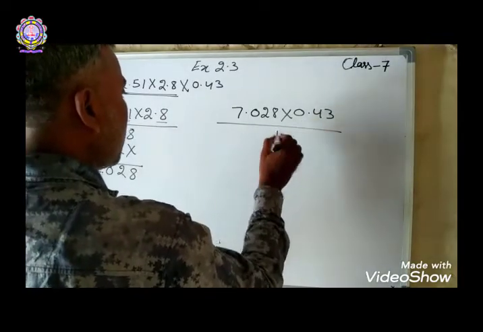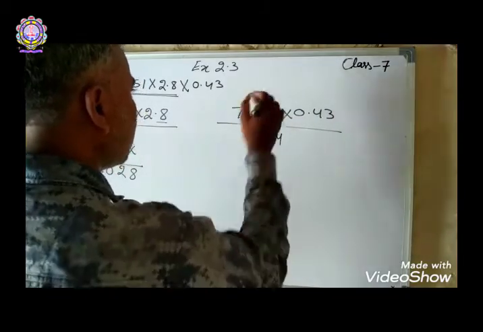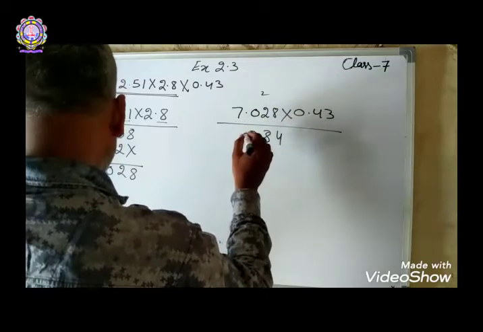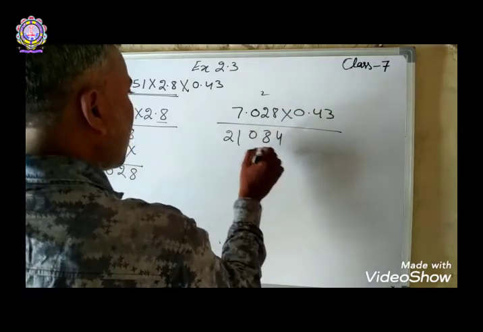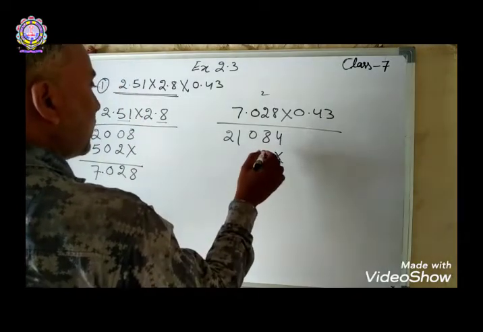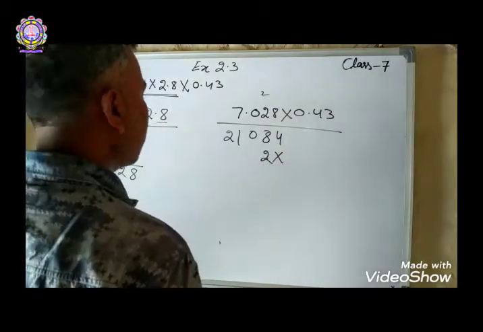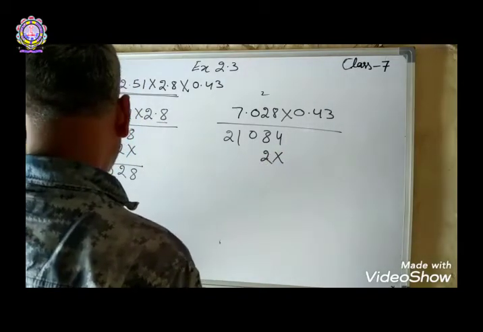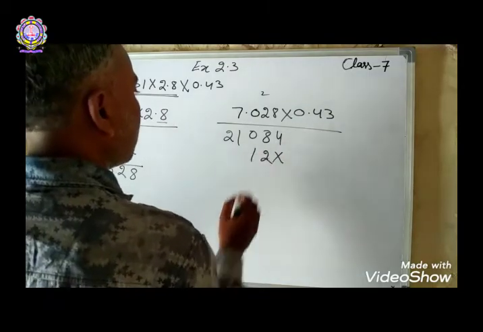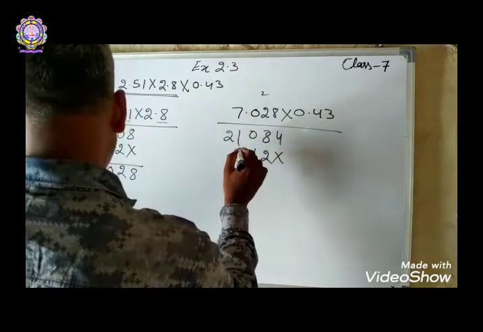We write 4 here, 2 carry, and 3 2s are 6, 8, 3 0 is 0, 3 7s are 21, and cross here and multiply by 4. 4 8s are 32, and 3 carry, 4 2s are 8, 11, 1 carry, and 4 0 0 and 1 5.